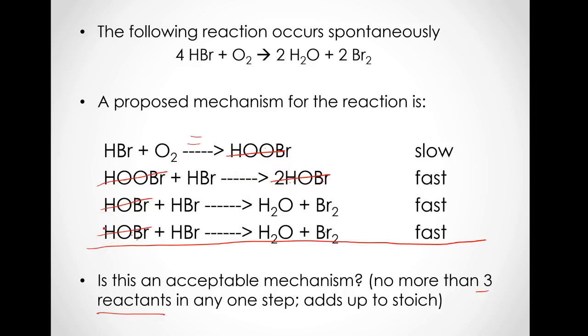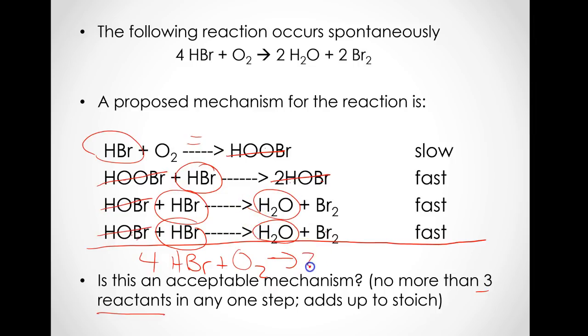And so what I'm left with is 1, 2, 3, 4 HBr plus an oxygen. They're all on the same side of the arrow, so they add. Turns into 2 waters and 2 bromines, and they're on the same side of the arrow, so they add together.